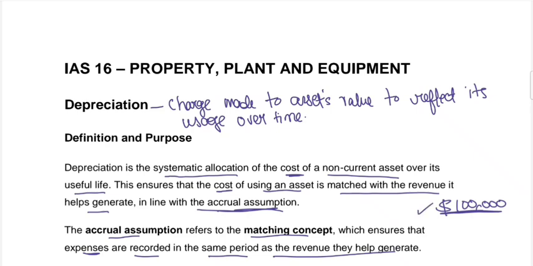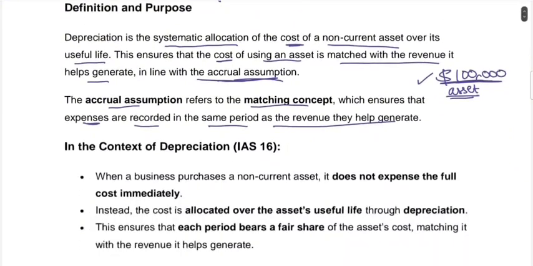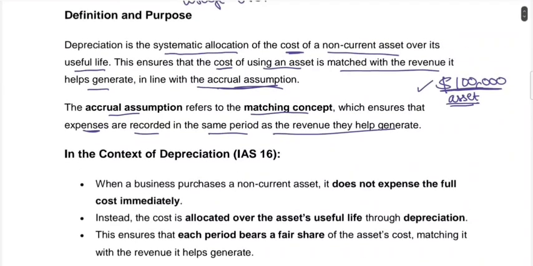The entity will recognize this as an asset in the statement of financial position, and then will charge depreciation every year to reflect the use of the asset in terms of generating economic benefits for the entity. So that is what depreciation does for the asset. It is extremely important that an entity charges depreciation, because according to the accrual assumption, we must match the expenses with the revenue they help generate for that particular period.